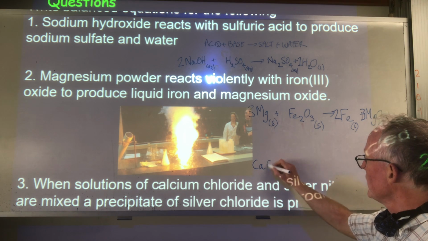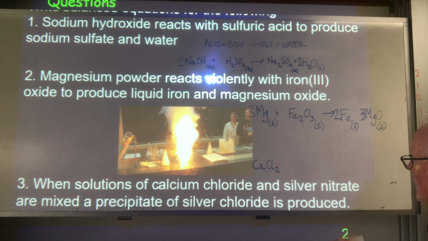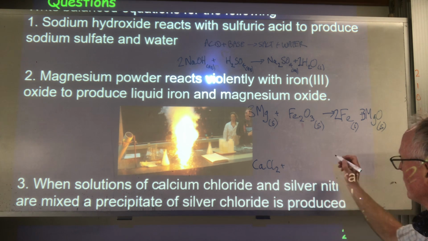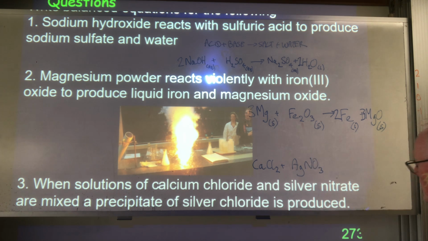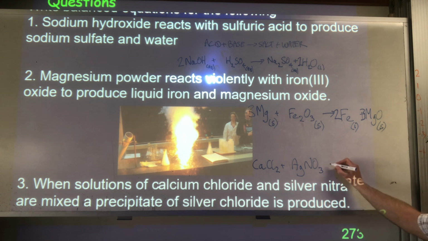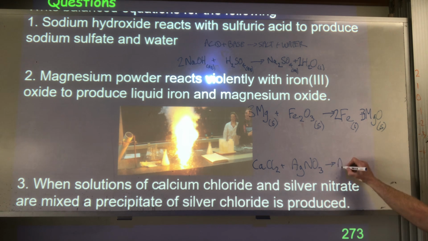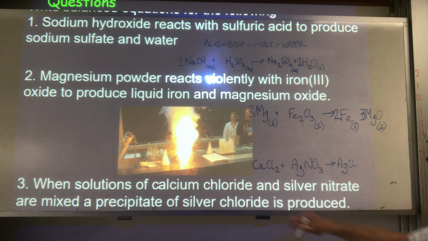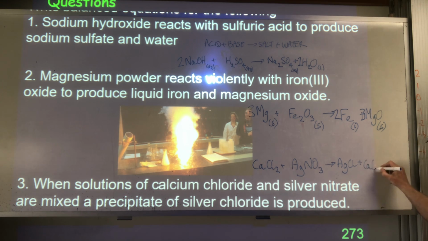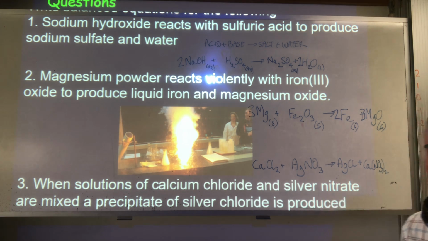Because we know our ions, we know that CaCl2 reacts with silver nitrate, AgNO3, to produce, as I said, we know one of the products, silver chloride, and what's the other product going to be? Well, the silver leaves the nitrate, the chloride leaves the calcium, so it's going to be calcium nitrate. Hopefully that's going to be visible on the end there, should be.